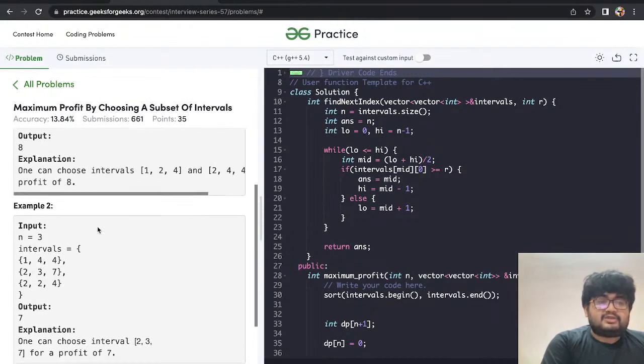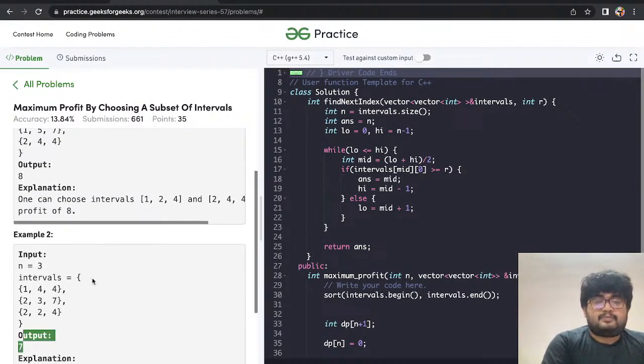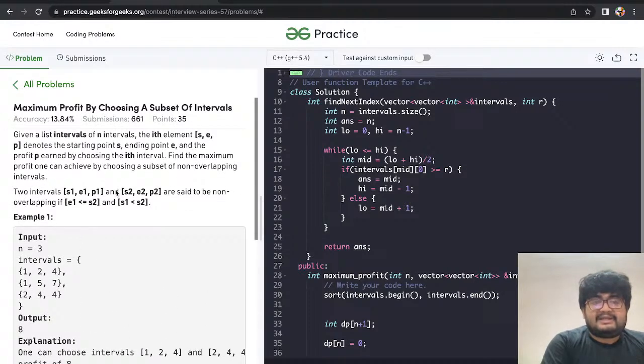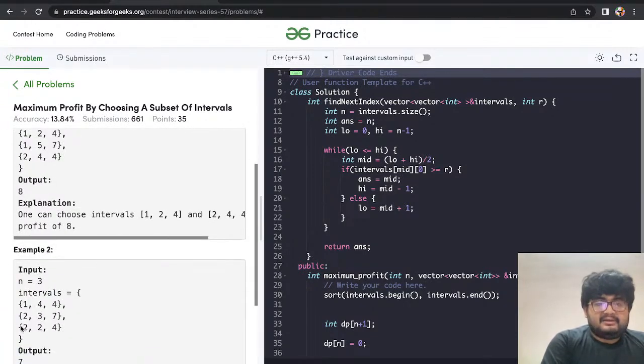So this should be 7, as per the output. But if you see the definition here, two intervals are said to be non-overlapping if E1 is less than or equal to S2. If you follow this logic, E1, the ending, is less than or equal to S2, the starting point, right? 2 is less than or equal to 2, so we can actually choose them.